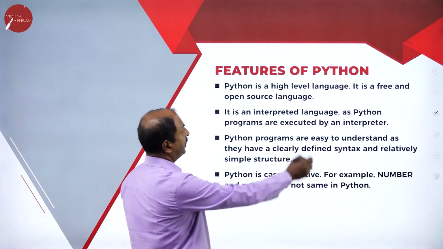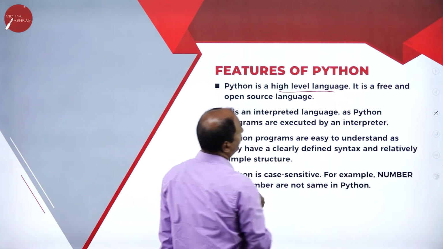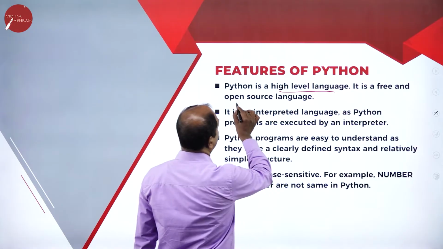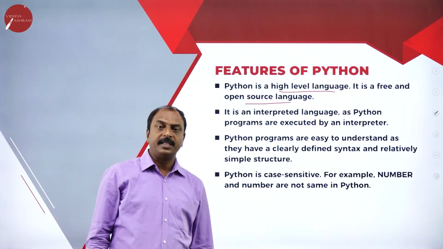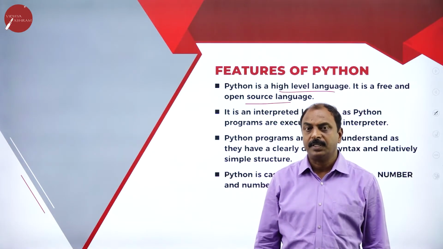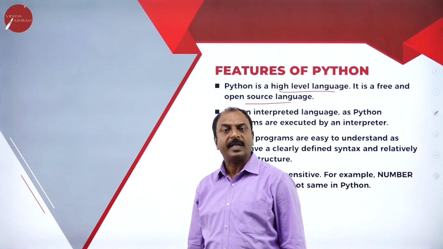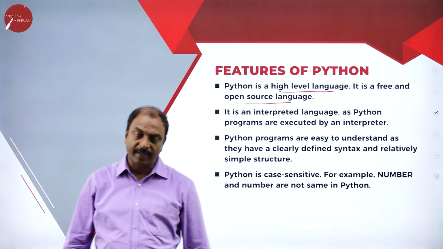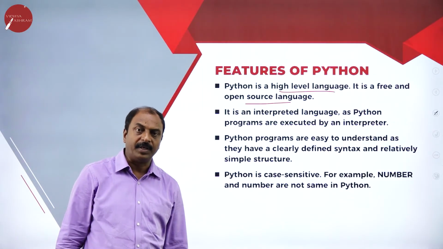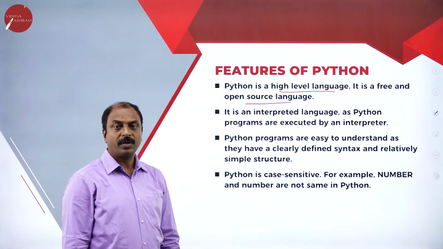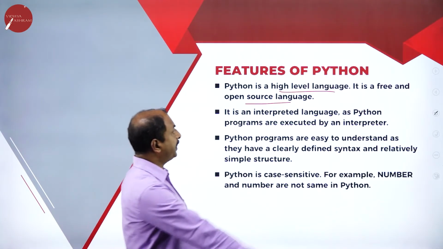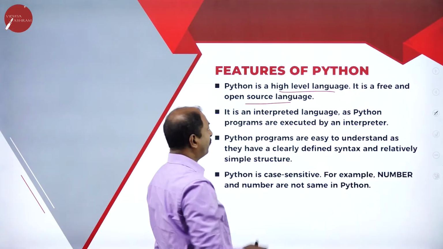Next one is it is a high-level language. It is free and open source language. So what is high-level language? Here you have learned in a previous chapter about different types of computer languages. One is machine level language, assembly level language, and high level language. So Python is an example for high level language, and it is a free and open source software.